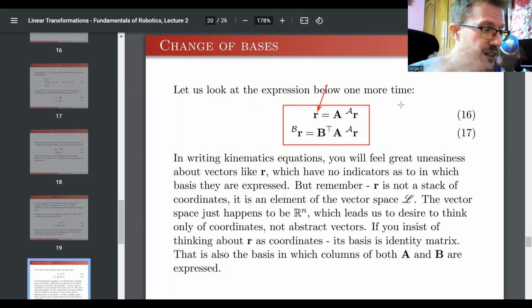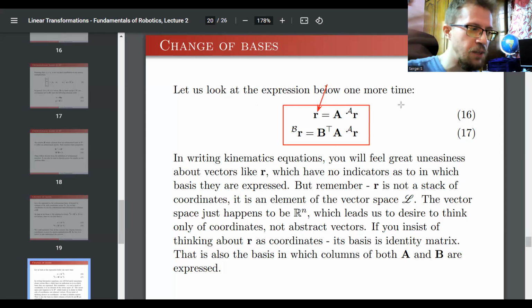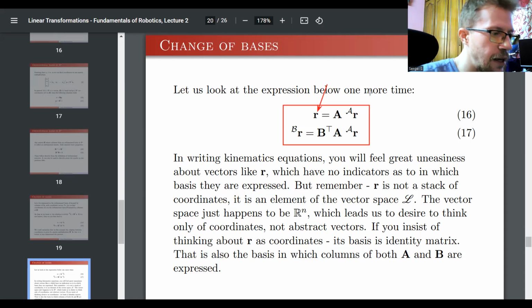This vector R is not expressed in terms of anything. It does not have a basis, does not have coordinates, it is just a vector R. Trying to say that vector R is in terms of some kind of coordinates here leads to a rabbit hole.